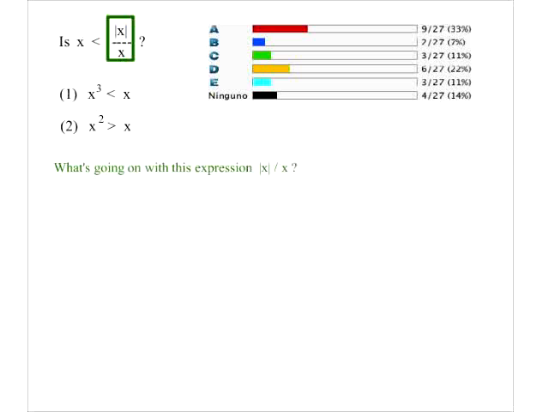Yeah, basically, if you investigate this, let's investigate with plugging. If we don't know, let's just plug. So let's do statement 1. X cubed is less than X.